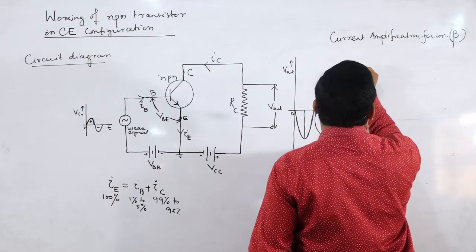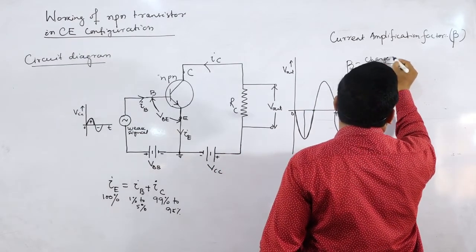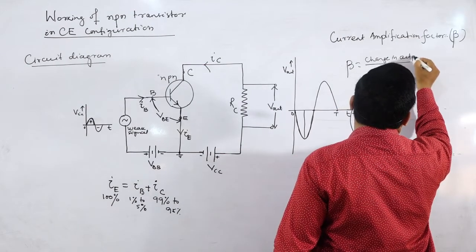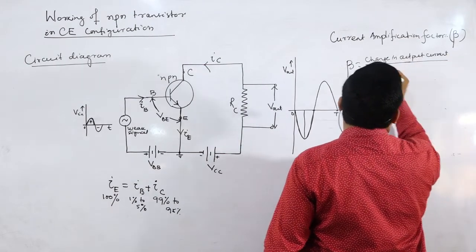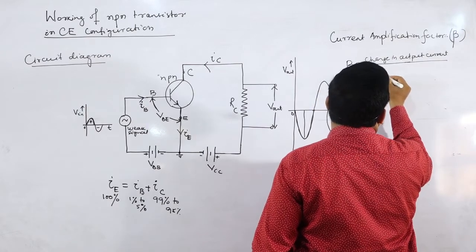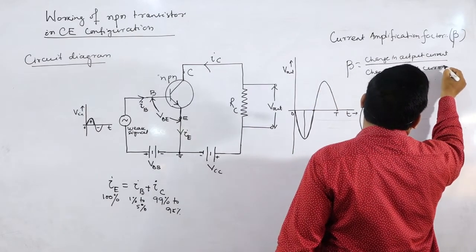Therefore beta equals the ratio between change in output current to the change in input current.